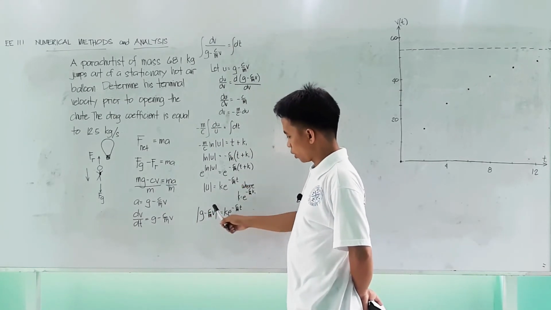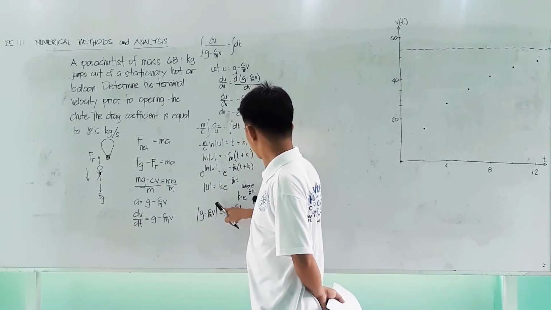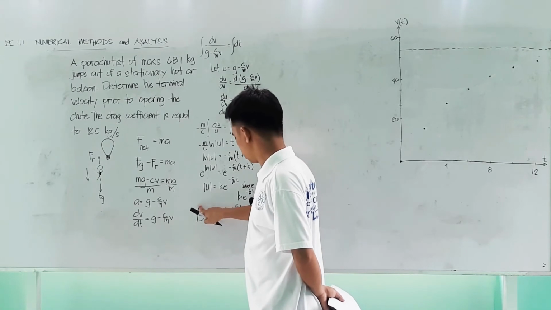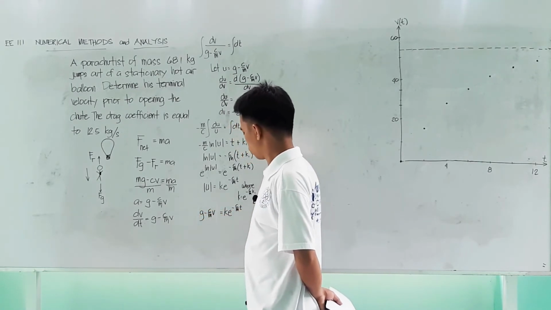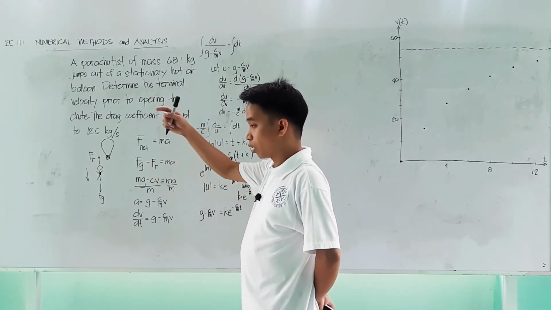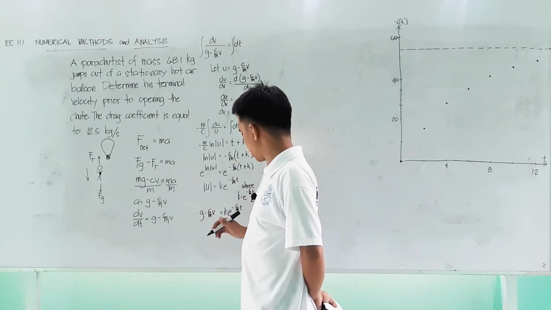Therefore, we can just take out the absolute value, because our velocity, as he jumps and reaches a constant velocity, won't be negative.